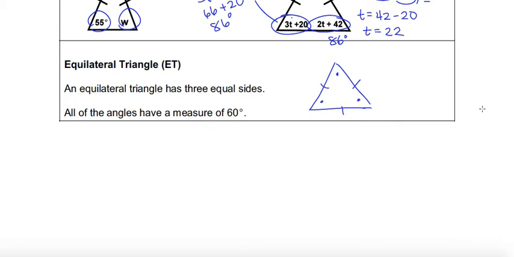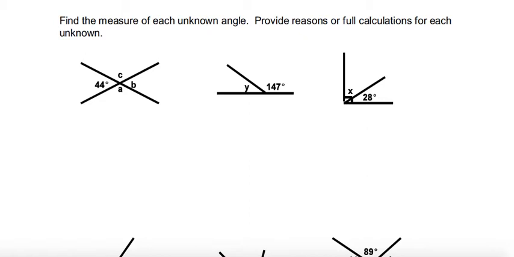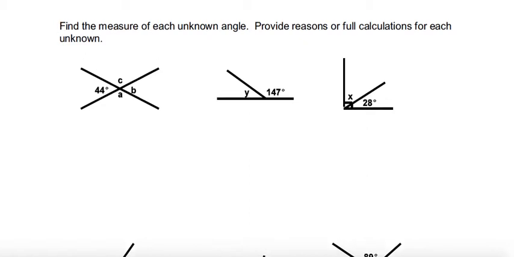All right, so let's go through just some more examples so that you have this in your back pocket. So how do I find out what these missing angles are? So we are going to use all of those properties that we've learned about in these examples. So across from our 44 is angle B. So B is equal to 44.